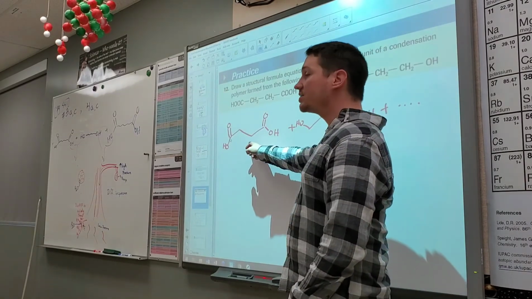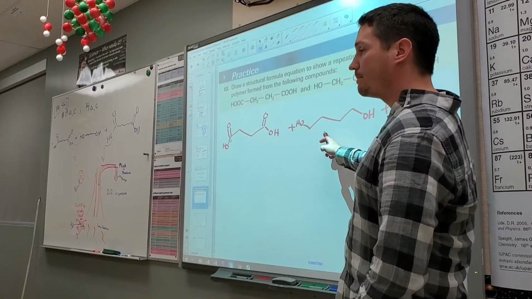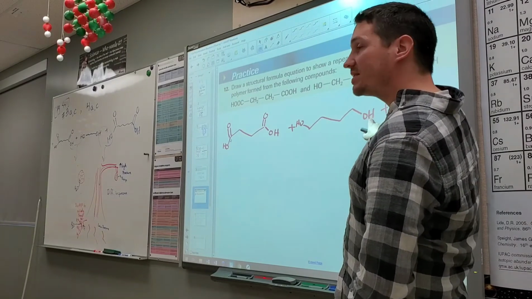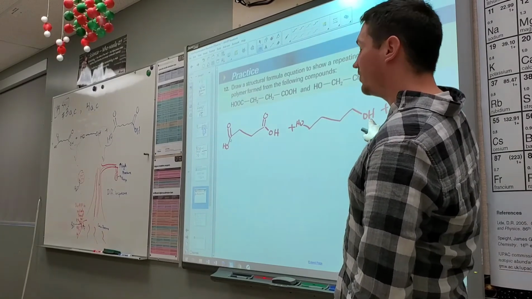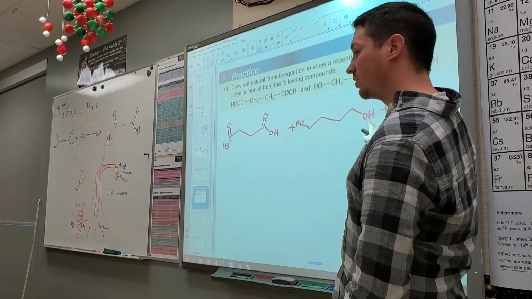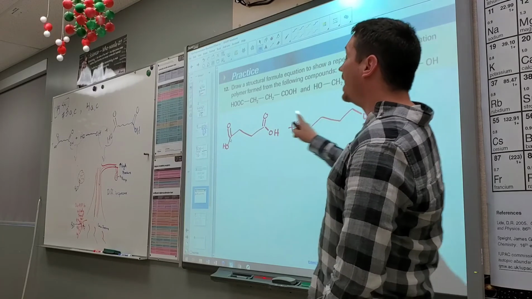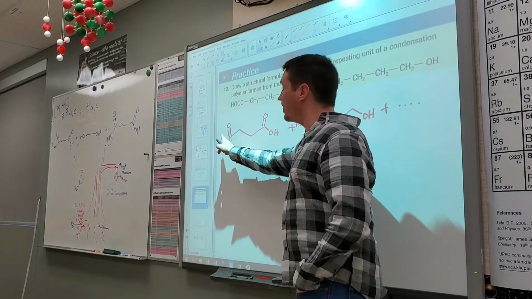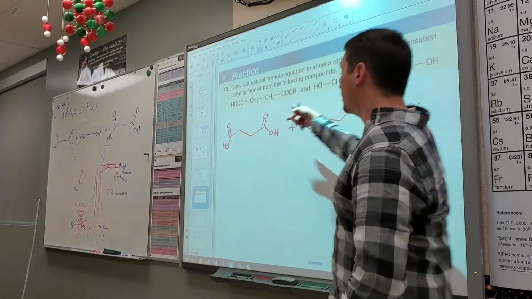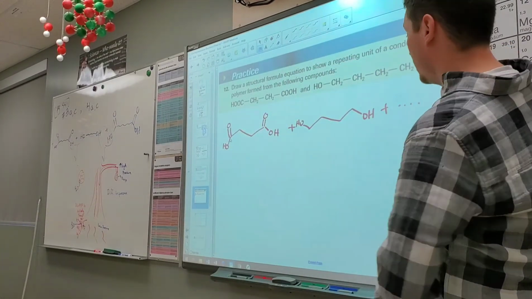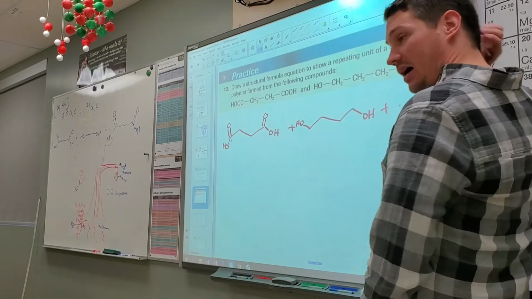So this thing is going to react with that thing. On the opposite side, on the right-hand side of this alcohol, what is this going to react with? Another one of these. It's not this side of it, but it's going to be another one of these, so it's going to react many, many times.